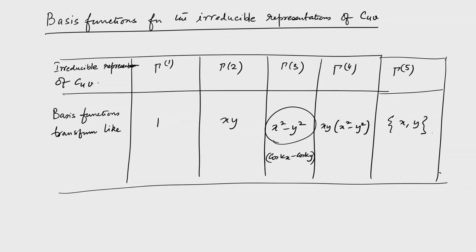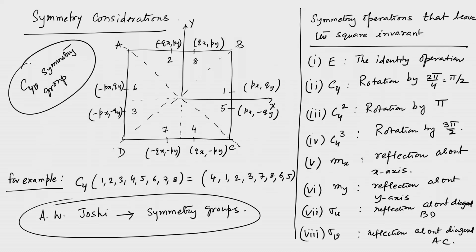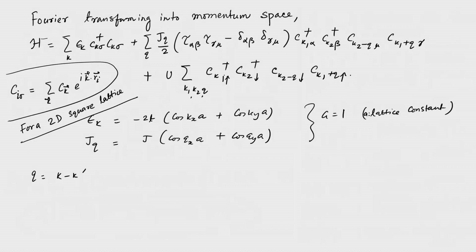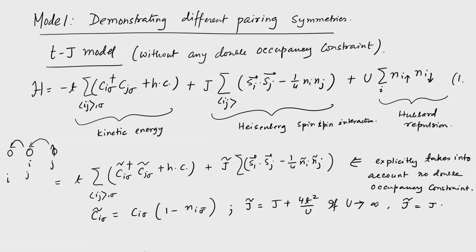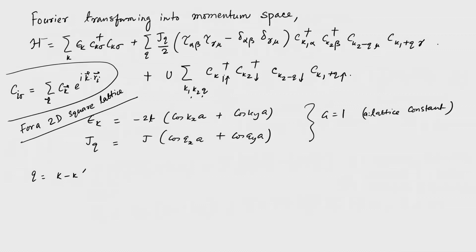So, let us look at the term that comes with the singlet interactions. We refer to 3 slides back when we wrote down this Hamiltonian. Let us call this equation 1, this equation 2, and this equation 3. From equation 3 we write down the interaction term.